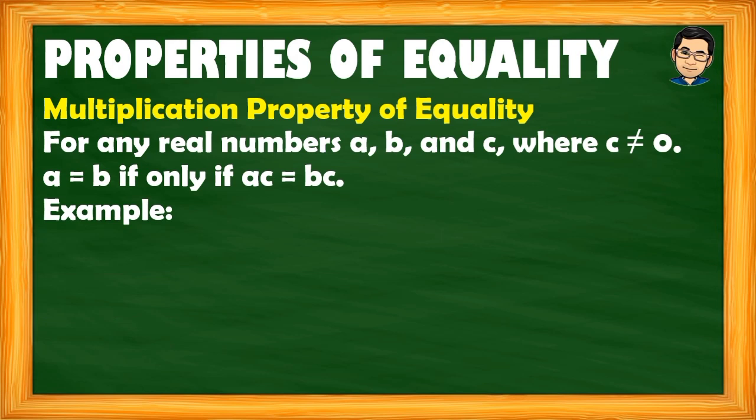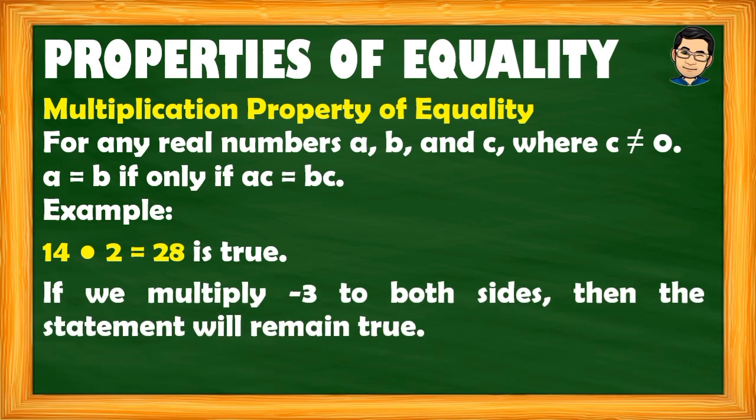So, like for example, 14 times 2 is equal to 28 is true. Tama nga naman, the product of 14 and 2 is 28. And then, if we multiply negative 3 to both sides, then the statement will remain true. So, 14 times 2 times negative 3 equals 28 times negative 3.